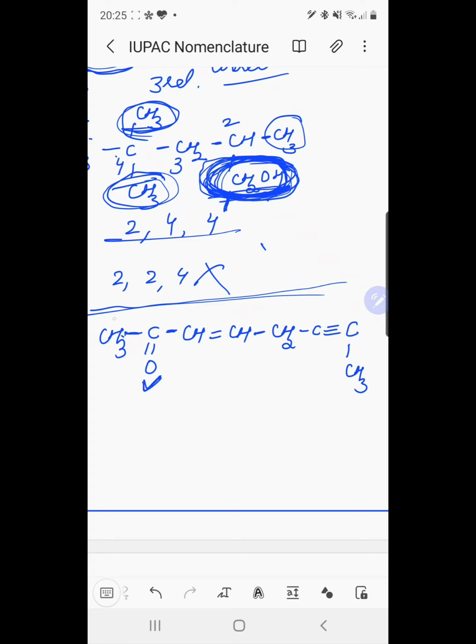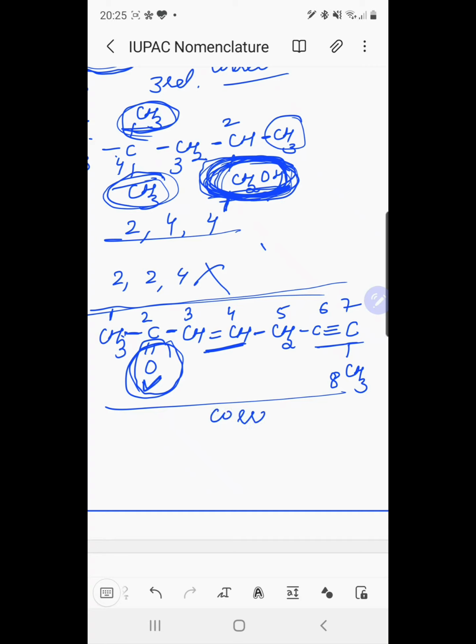We will start numbering from this end, 1, 2, 3, 4, 5, 6, 7 and 8. So once we give preference to this functional group, the positions of the double and triple bonds are automatically assigned. We start numbering from this end so that the keto group gets the lowest locant. So this is the correct method.